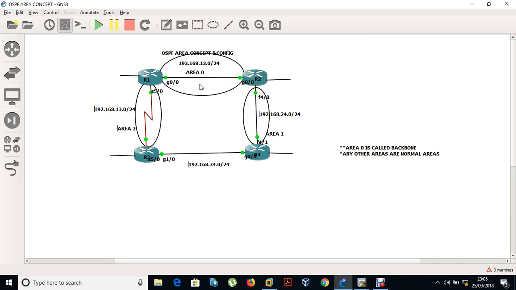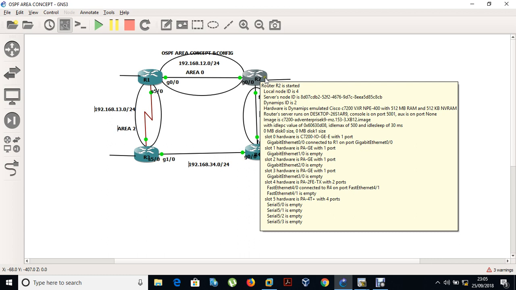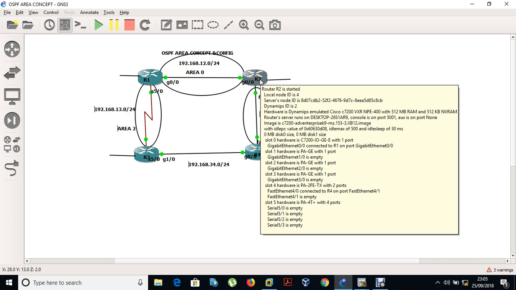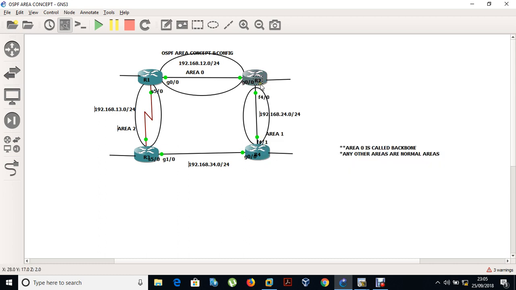When we run show ospf database, these routers will just show us any router that exists in area 1, so it should be R1 and R2. R2 is a member of area 1 and is an ABR, called an area border router. That LSA is called type 1, and it will tell us that R4 and R2 are members of area 1.